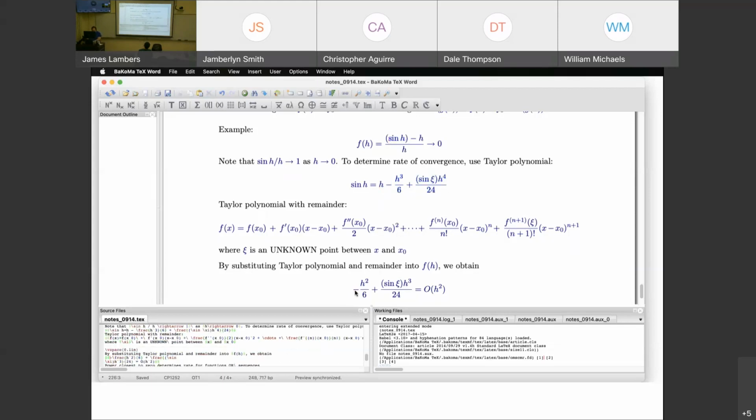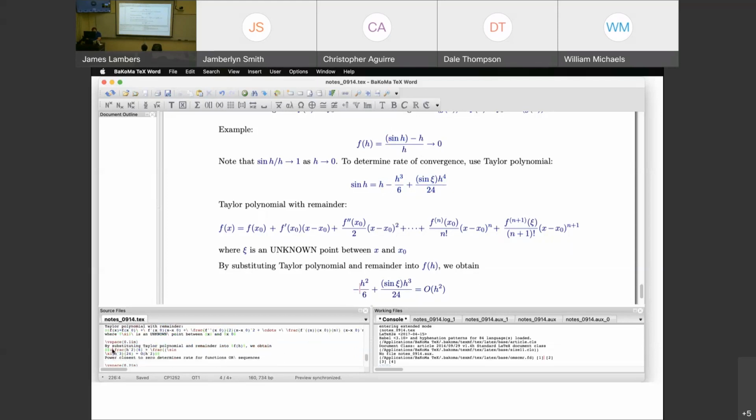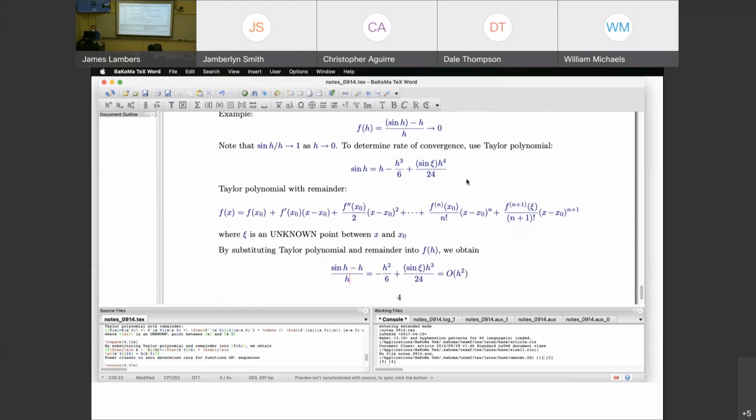Okay, so we have sine h minus h all over h. So once I substitute this in here and simplify as much as I can, then this is what I get. And we determine that the rate of convergence is h squared, because these terms are dominant.